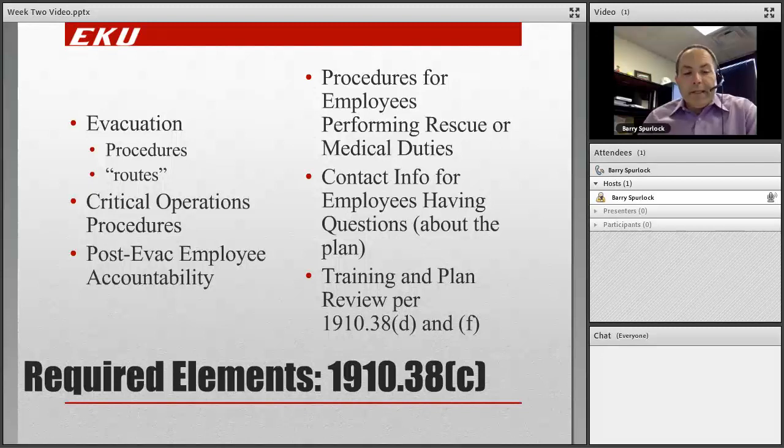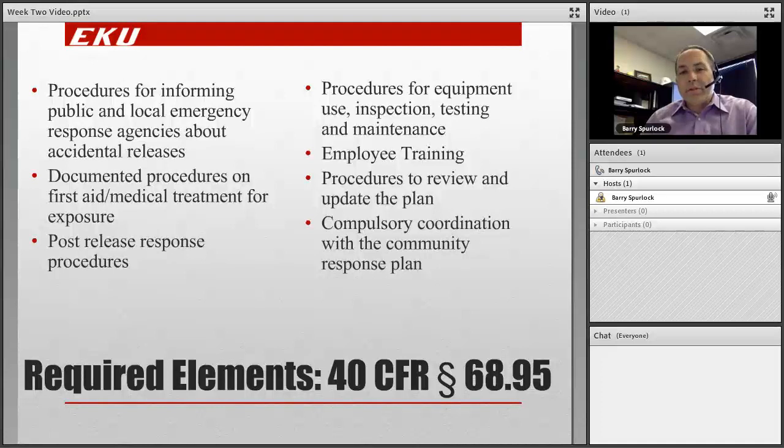And you'll see the list of required elements are not that extensive when compared to the elements required by other regulatory and other consensus standards. So you'll see here contained in the 1910.38 are simply evacuation procedures, critical operations procedures, post-evac accountability, part of your evacuation system, procedures for employees performing rescue or medical duties, contact information, that's the list I mentioned earlier, and then training and review of the plan.